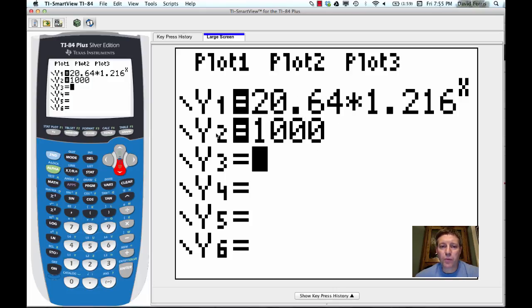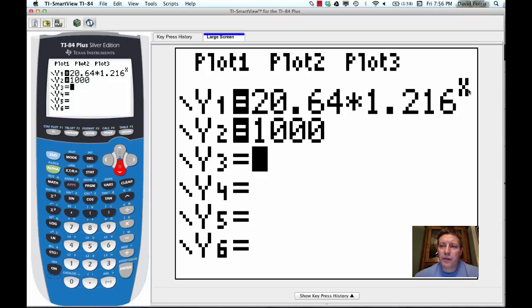And I hope you know that since y2 is 1,000, that's going to need better than just zoom 6. So if we know it's going to be at least 1,000, that's the horizontal line, then probably our window needs to go at least to maybe 1,200 on the y max, something like that. And then we also can tell from what we just learned that 20 is going to be the y-intercept of the exponential graph, and it is going to grow at a factor of 1.2.